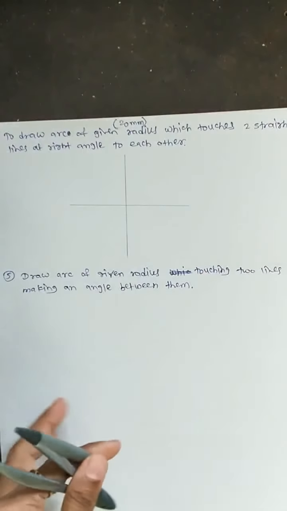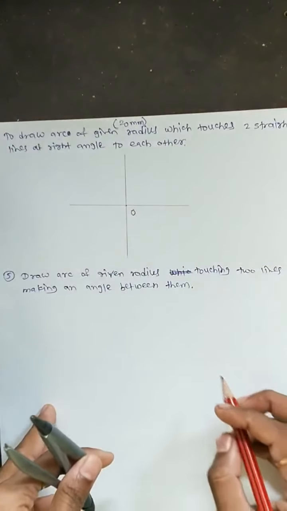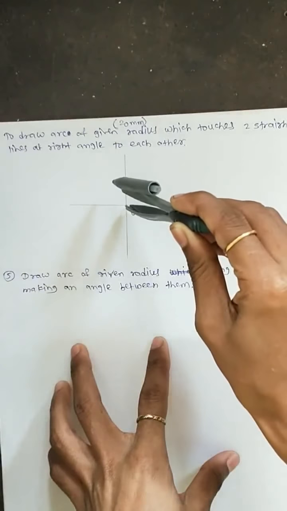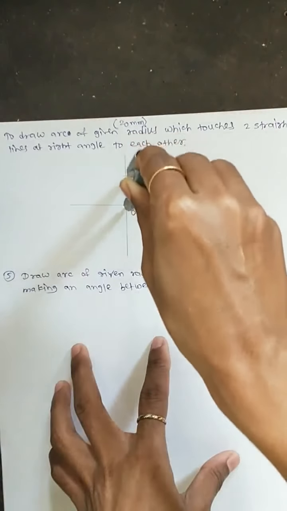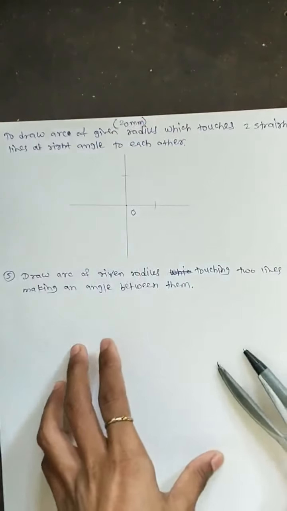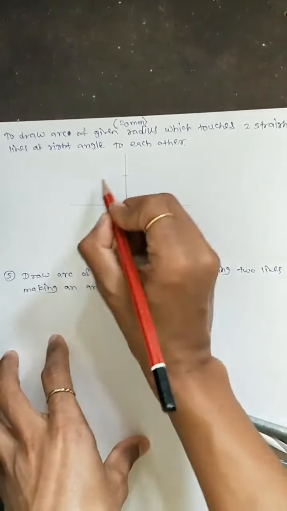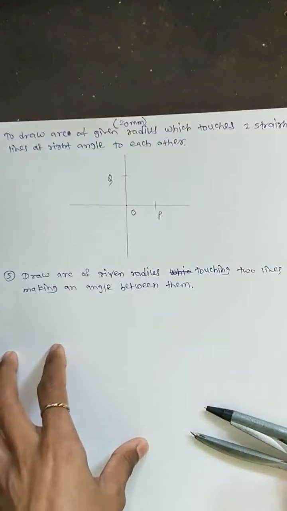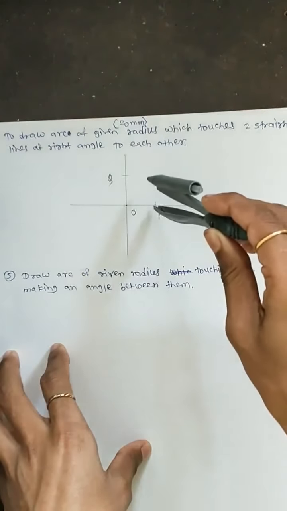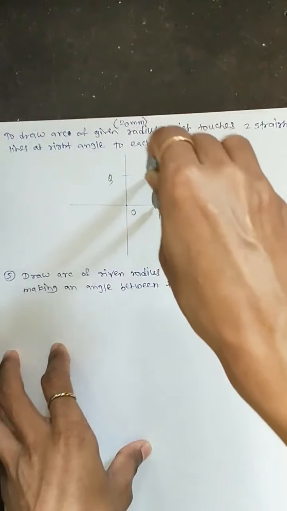Give this point name as O, and 20 mm distance in your rounder and O point as center. Draw an arc on vertical and horizontal line. So these two points we get. Give name to this point as point P and point Q. Now next task is take 20 mm distance and draw arc by taking P and Q as center.